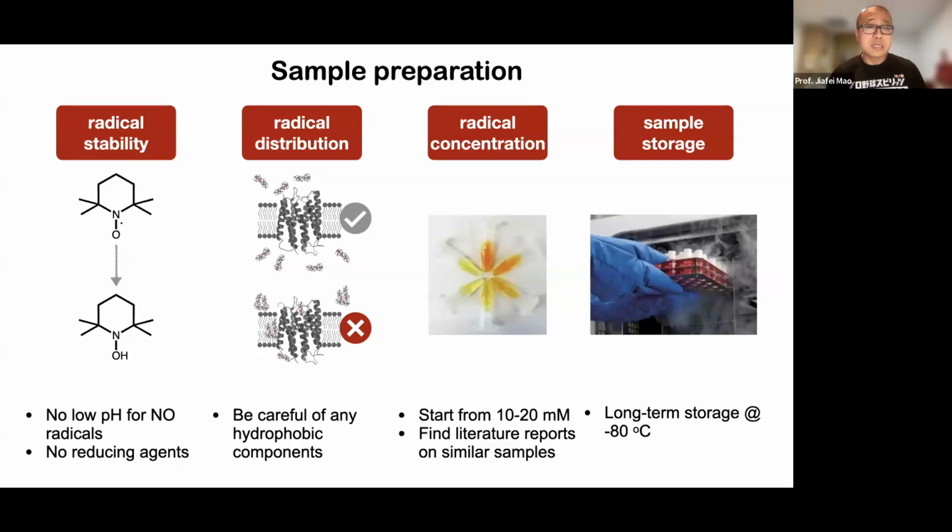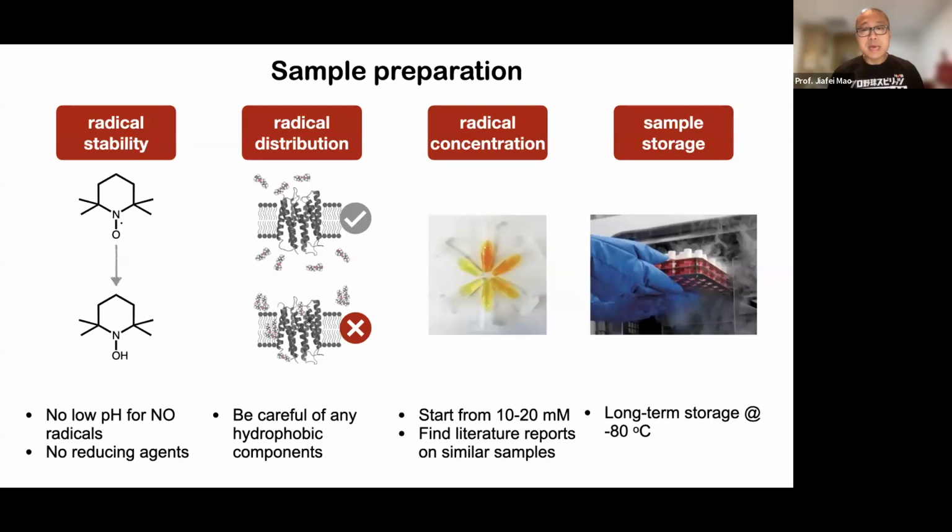Another challenge, I think the main challenge, is how to distribute the radical homogeneously. Homogeneously often means at a molecular level throughout your sample. That's really a challenge. You can imagine, we have very limited factors we can play with to reach homogeneous distribution.